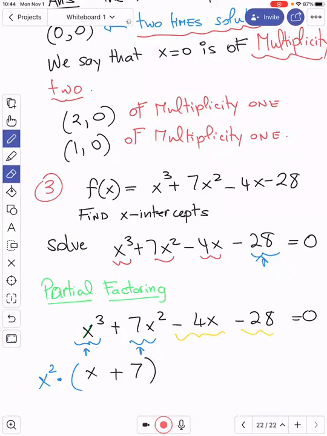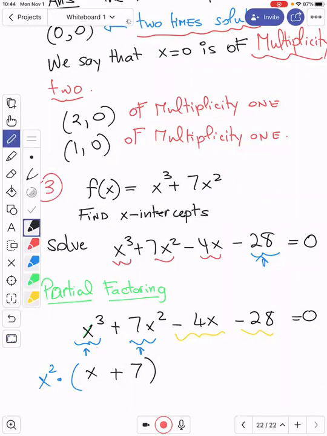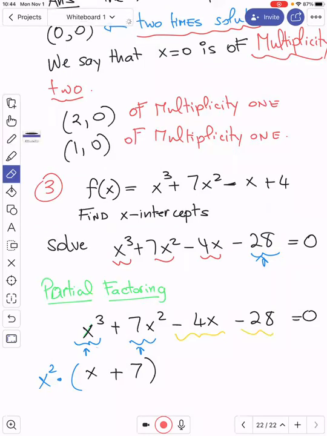This is a different example, I think I did this one before. The one we had in the exercise is different. Sorry about that, guys.